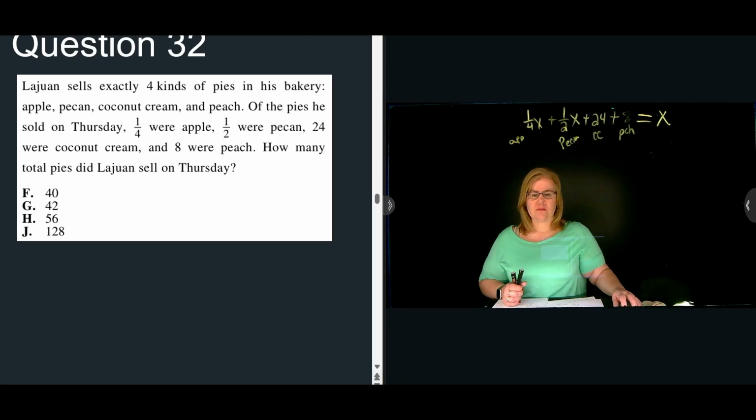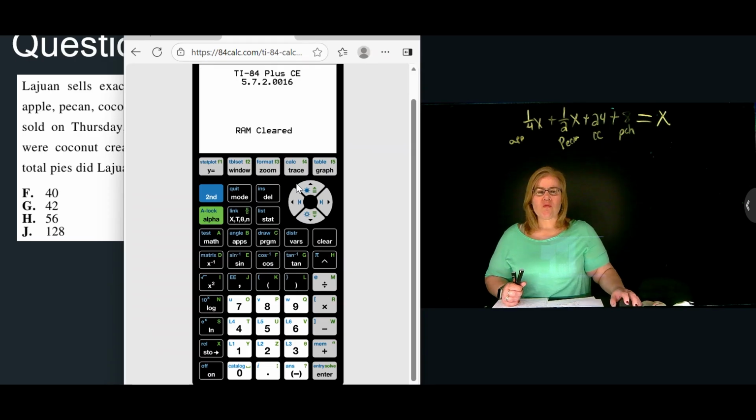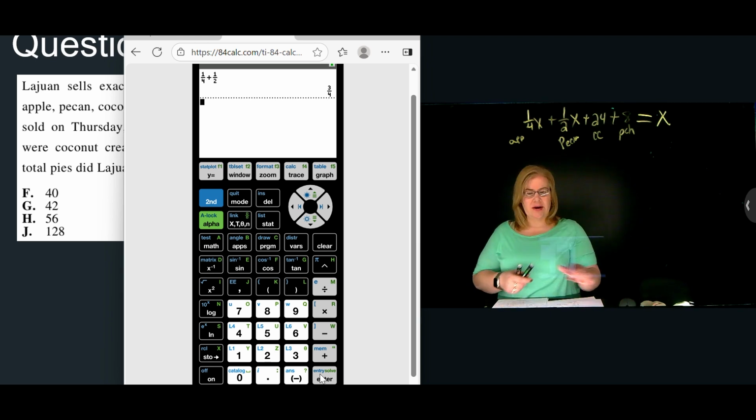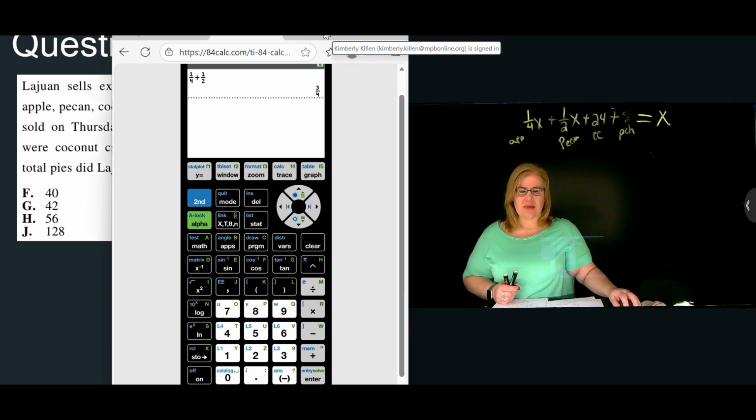There we go. So what I'm going to do is add 1/4 plus 1/2. I put 1 in the numerator, 4 in the denominator, plus 1/2. I get 3/4.